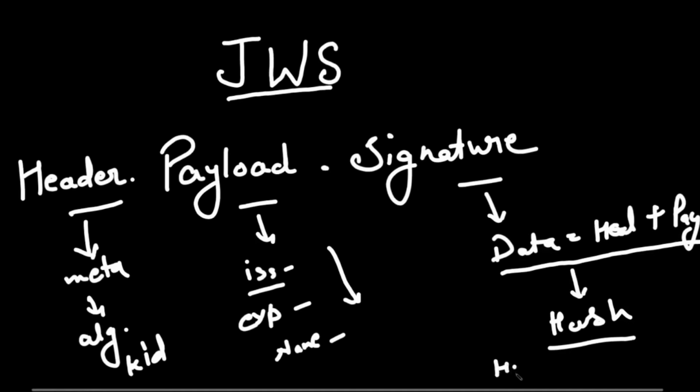For our example purpose, let's say we are using the HMAC algorithm, right? In that case, we can pass that data into this HMAC algorithm and we can provide some secret salt as well, which combined creates data that will be hashed out and added into the signature part. So now if there is any change in the header or in the payload, that signature will not match. This ensures the integrity of your whole payload.